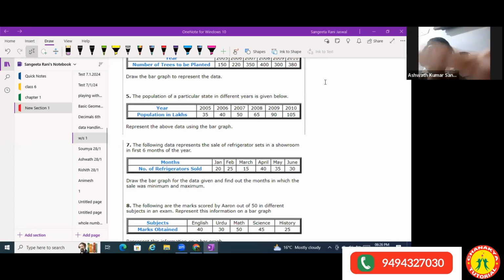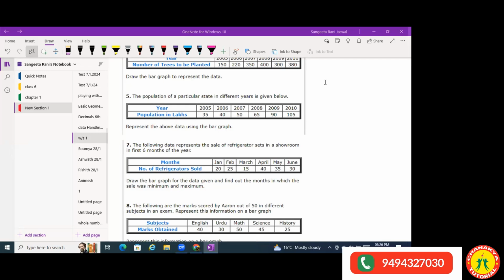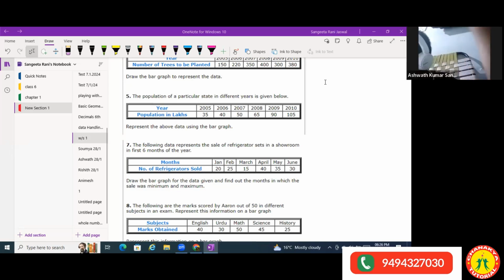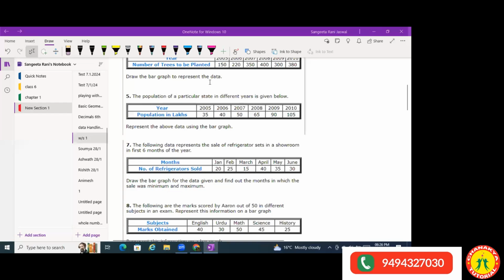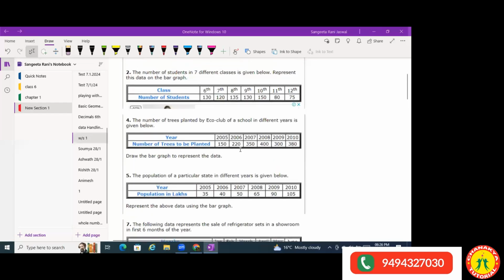Ma'am, should we start from 0 or 100? See, the lowest point should always be 0. For which question are you asking? Ma'am, for the fourth one. Okay, this is 150, 220.